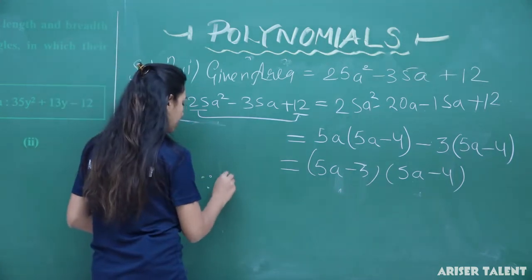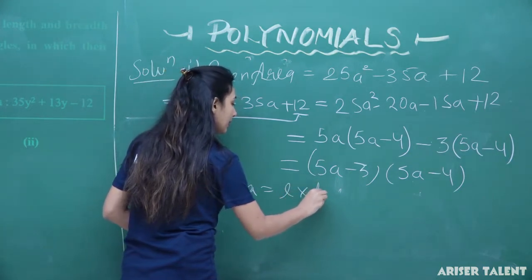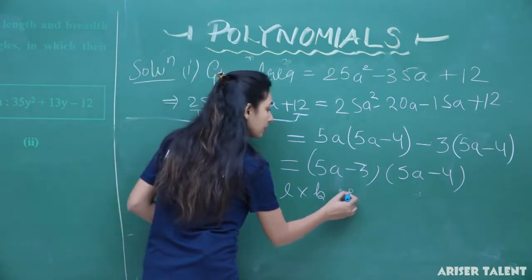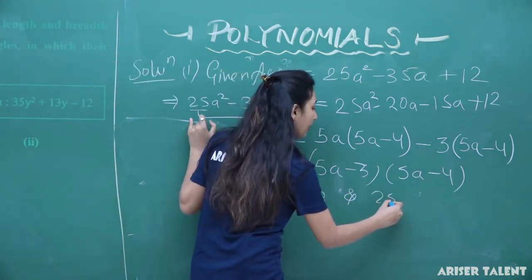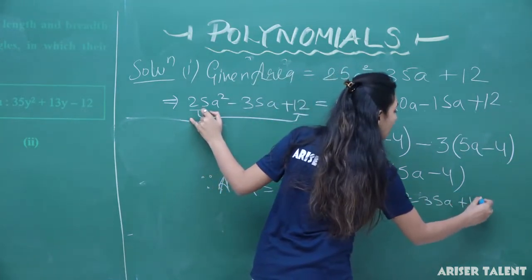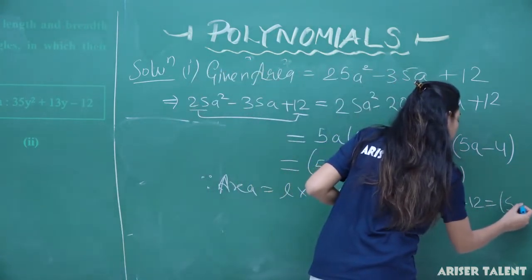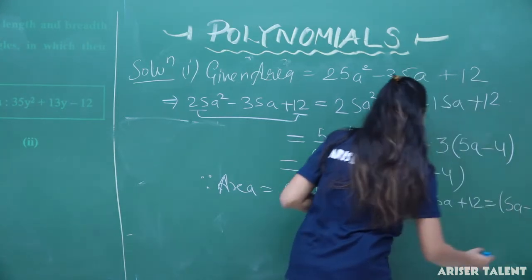Because area equals L multiplied by B, that is length multiplied by width, and this is the complete factor. Given area 25a square minus 35a plus 12 equals 5a minus 3 and 5a minus 4.